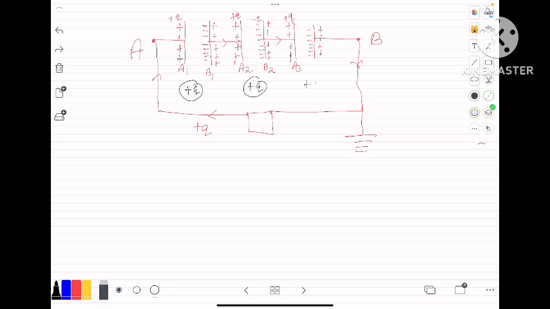Okay, so now we know that Q is directly proportional to V and Q is equal to CV.